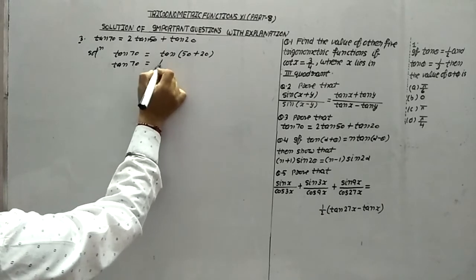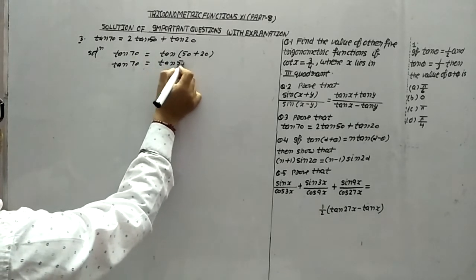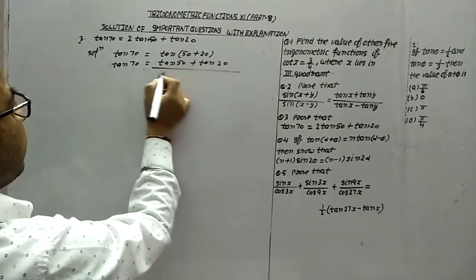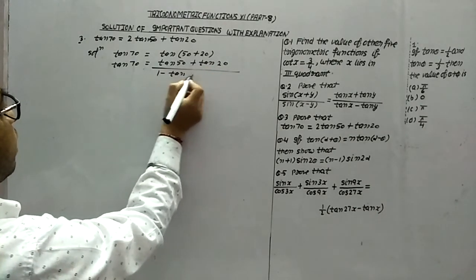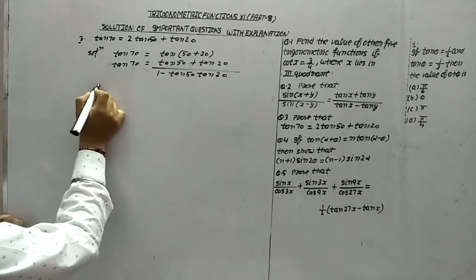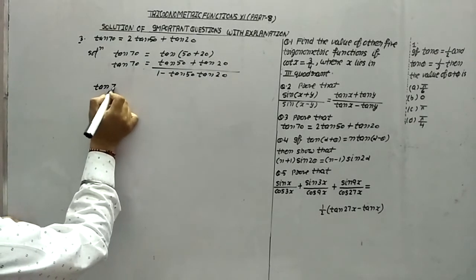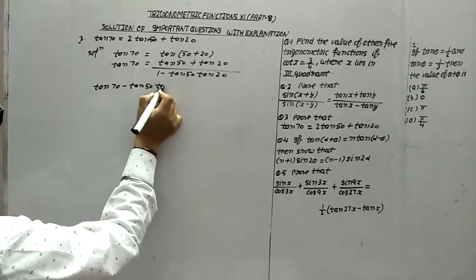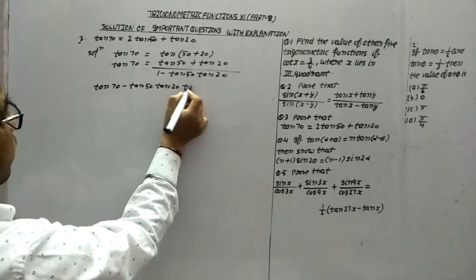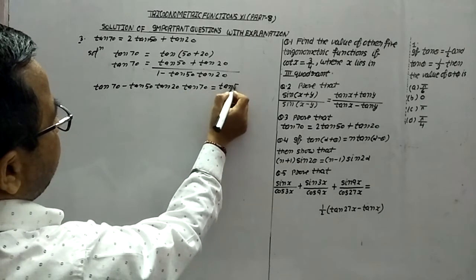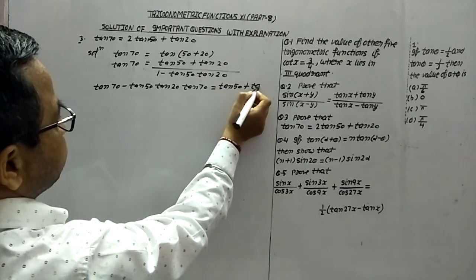Tan 70 is equal to (tan A plus tan B) upon (1 minus tan A tan B), which is (tan 50 plus tan 20) upon (1 minus tan 50 tan 20). Now cross multiplication: tan 70 minus tan 70 tan 50 tan 20 is equal to tan 50 plus tan 20.